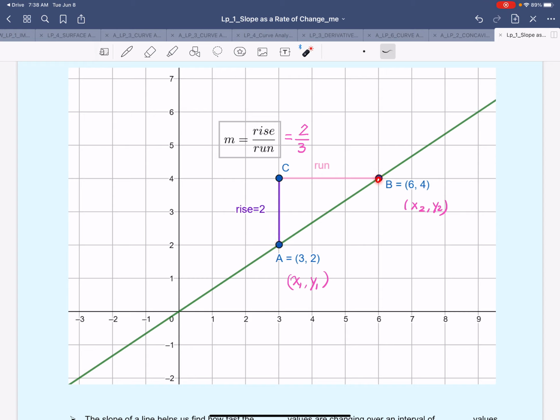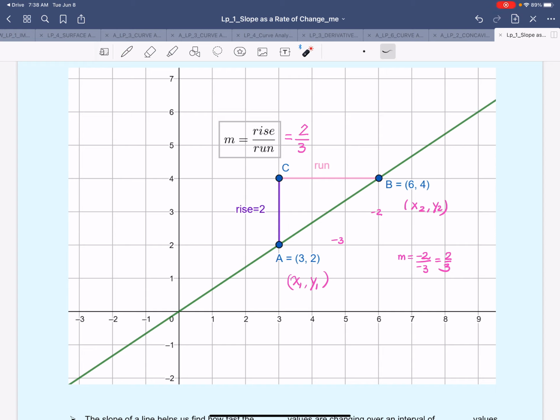If you go from point B to point A, your rise will be down 2 units, so that's negative 2, and to the left 3 units, which means the run will be negative 3. So if you go negative 2 over negative 3, you still get the same slope, determined by the rise of negative 2 and the run of negative 3, or 2 over 3.